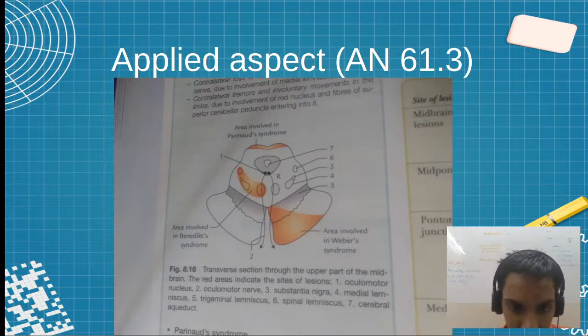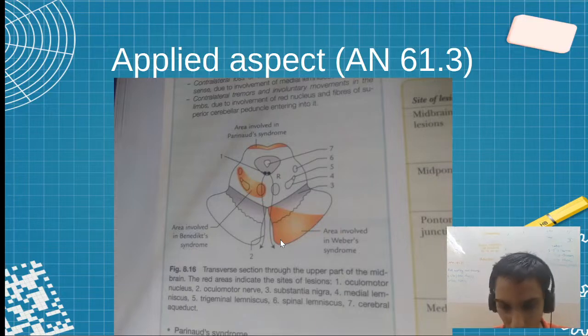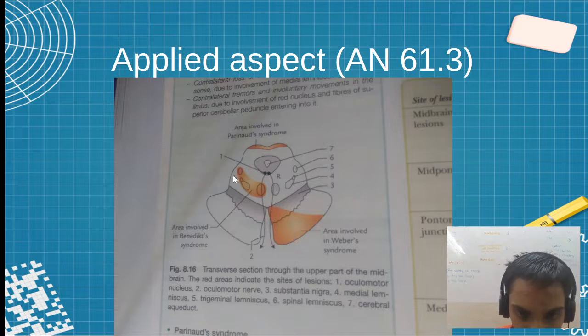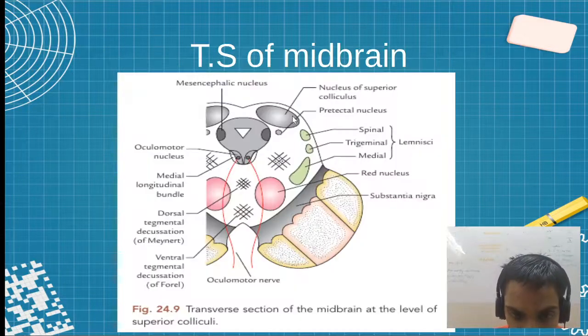Let's see the applied aspect. The Weber syndrome, Benedict syndrome. This is the area of lesion. The Weber syndrome: these fibers I told you, these fibers are lesioned in Weber syndrome. Benedict syndrome is this part. The lemnisci. See now, this lemnisci is injured in Benedict syndrome.